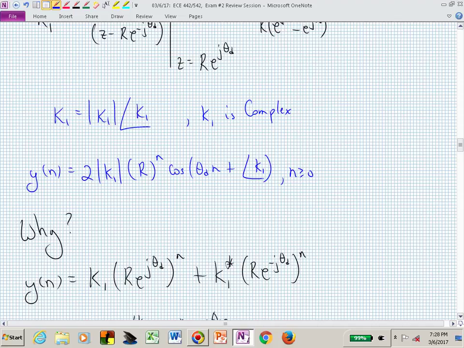But we also have its twin, which is k1 star times the other pole raised to the n. And now all we're going to do is some algebra with these complex quantities to show that little y of n, the time domain sequence for capital Y of Z, is as indicated in blue.